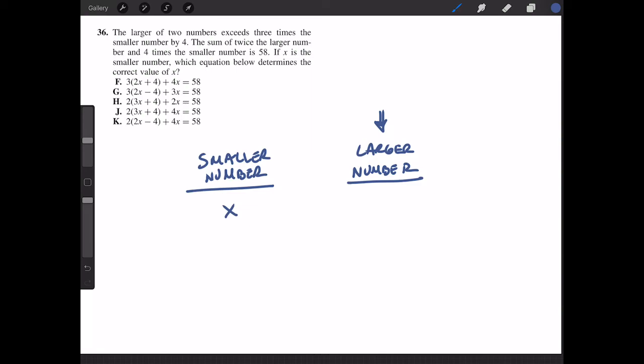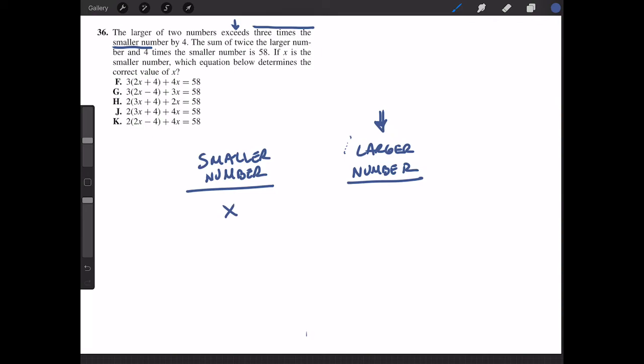The larger of two numbers exceeds, so they're talking about the larger number, exceeds 3 times the smaller number by 4. In other words, if I multiply the smaller number times 3, then the larger number is going to exceed that by 4.